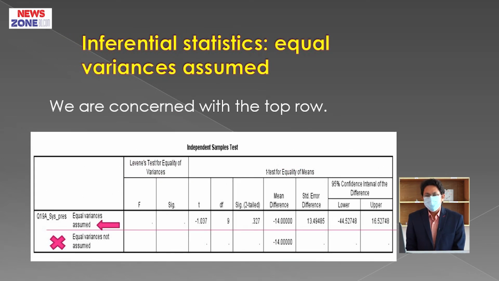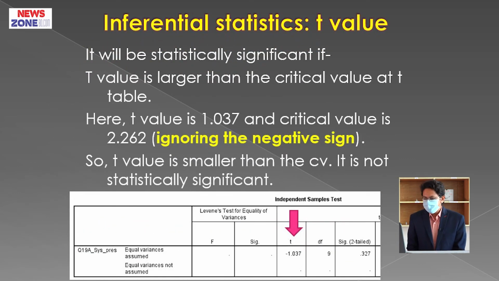In the second table, that is inferential statistics table, it shows several pieces of information. First of all, let us see, there are two rows. The upper row is about equal variances assumed, and the lower row is telling that equal variances not assumed. We are concerned with the first row, that is equal variances assumed. Then we see there is a column showing t value.